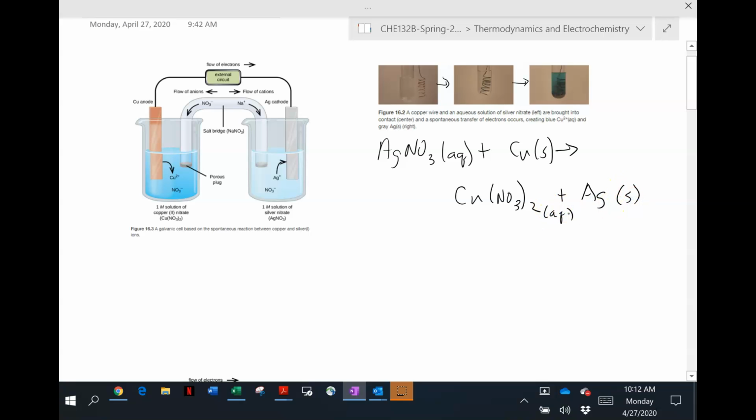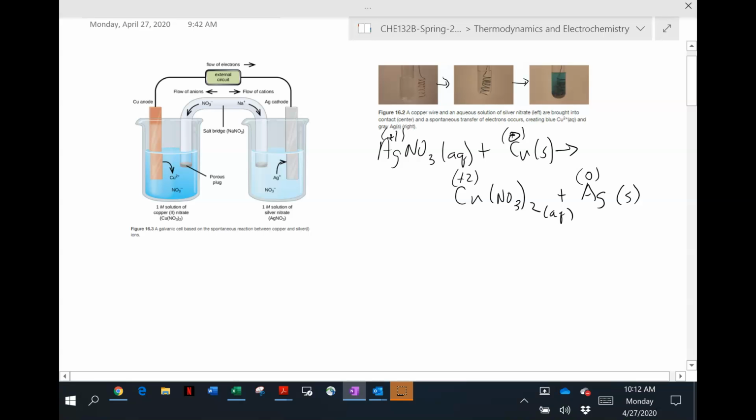It's a redox reaction. The silver is +1 here and the copper is 0. Then it's +2 for copper here, and silver is 0 here. Those are our oxidation states. The nitrate ions are just spectator ions.